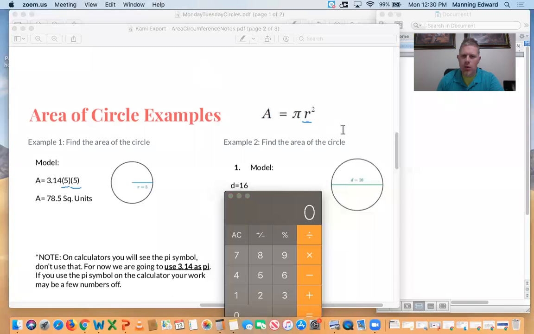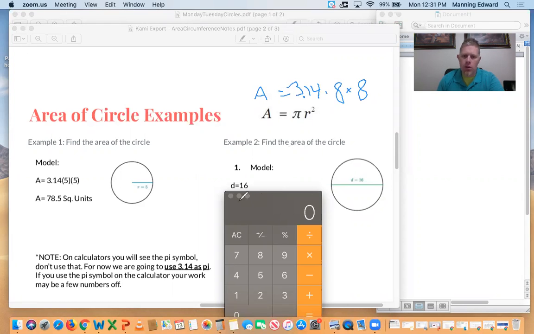So that means my radius would be, well, half of 16 would be 8. So my radius is 8. I want to times it by 8. And then I want to times it by 3.14. And that would be my area.